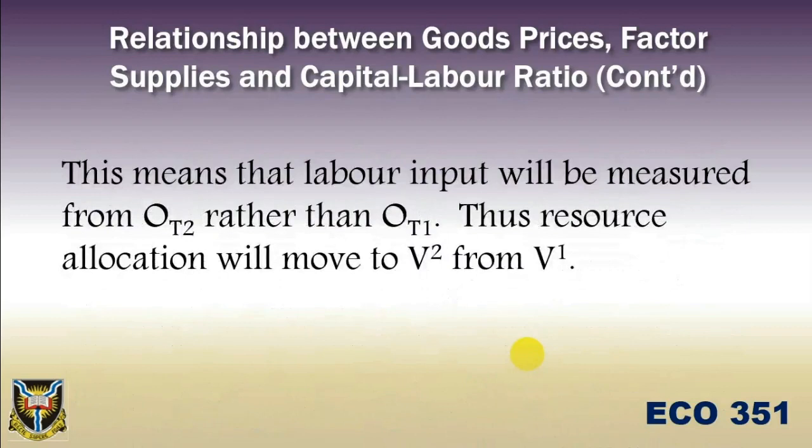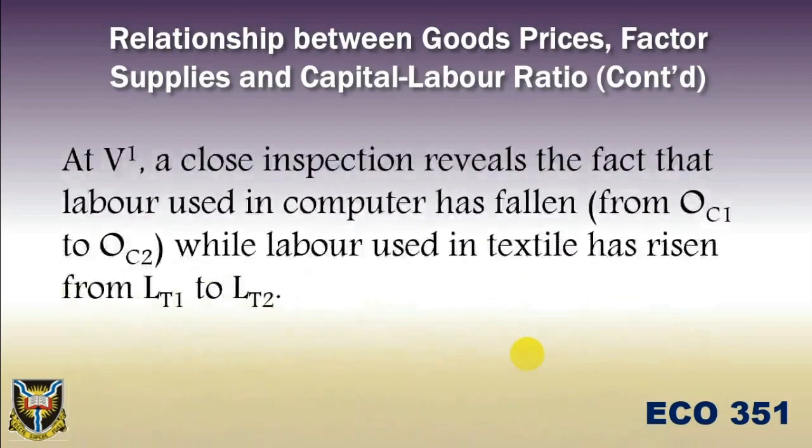This means that labor input will be measured from OT2 rather than OT1. Thus, resource allocation will move to V1. At V1, a close inspection reveals that labor used in computer has fallen, while labor used in textile has risen from LT1 to LT2.